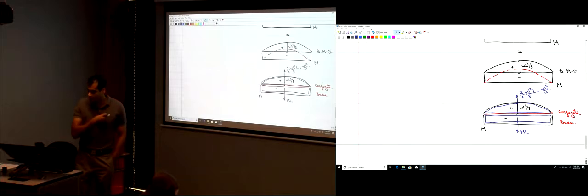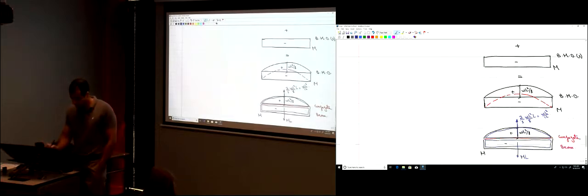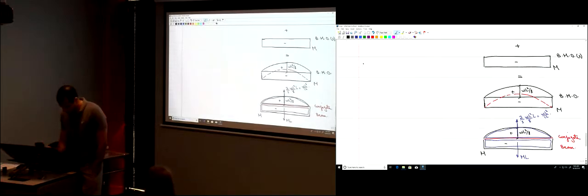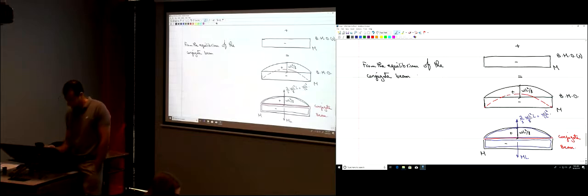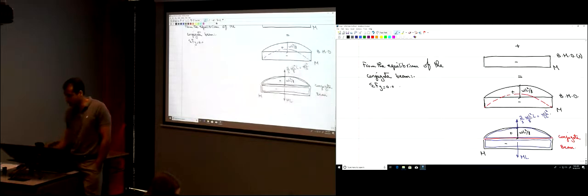Now from the equilibrium of the conjugate beam, sigma Fy, the summation of the forces in the y direction, is equal to 0. We only have two forces.